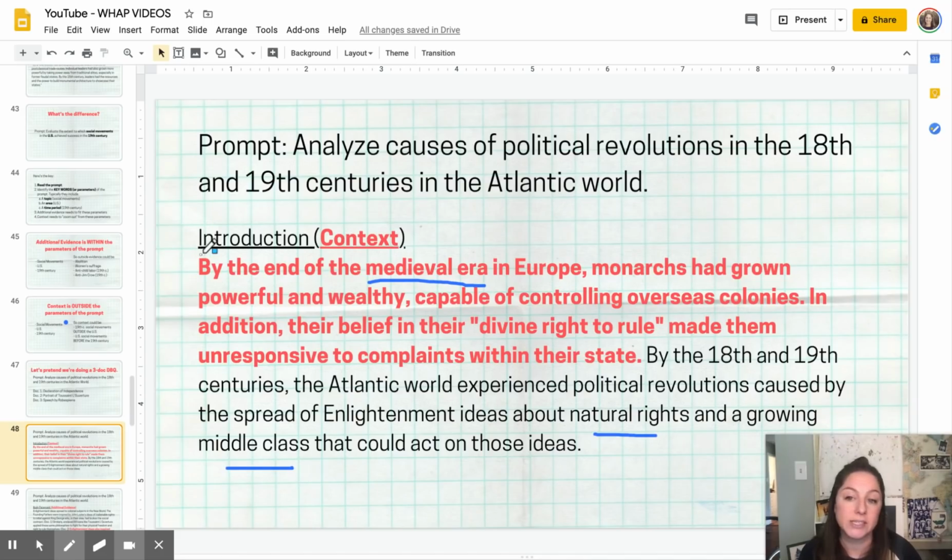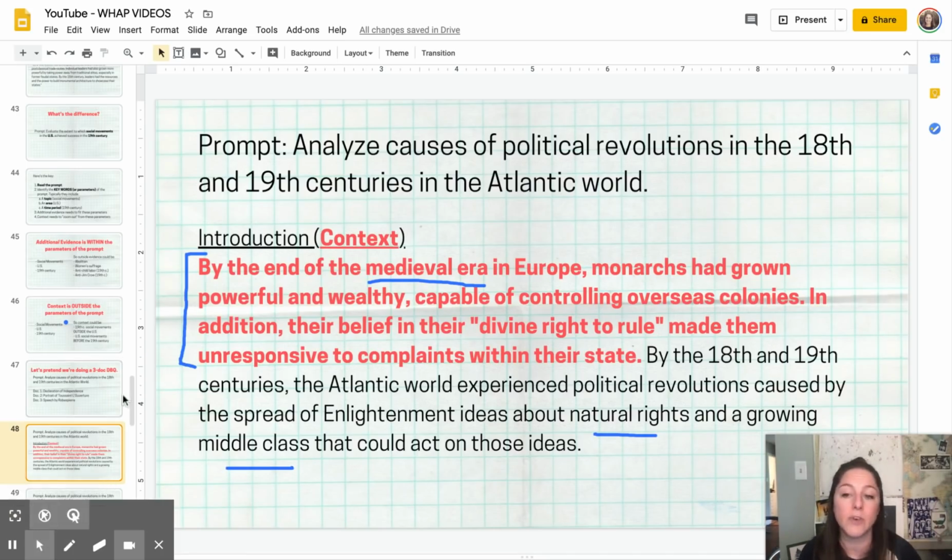So I could use context in this way, where I'm literally just contextualizing the whole prompt and the general topic of the essay. You can put context other places. You can contextualize each body paragraph. So you could do this for each of your topic sentences. But in general, I think it's the smartest to have it be its own separate thing at the very beginning so that it doesn't get mixed in with you maybe evaluating documents or that sort of thing.